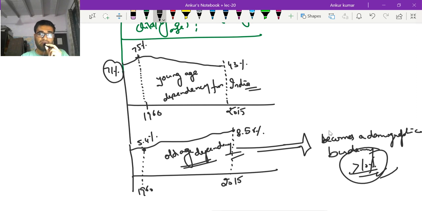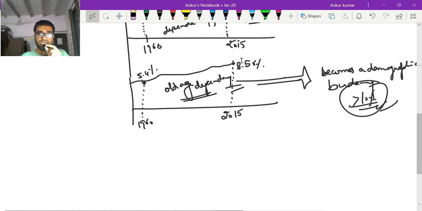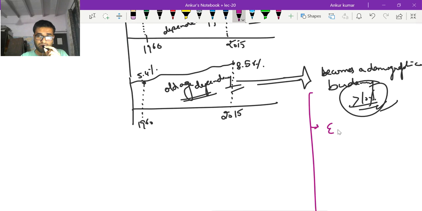Basically, when old age dependency increases, the expenditure on the social sector, expenditure on social services, increases, for example pension, etc.